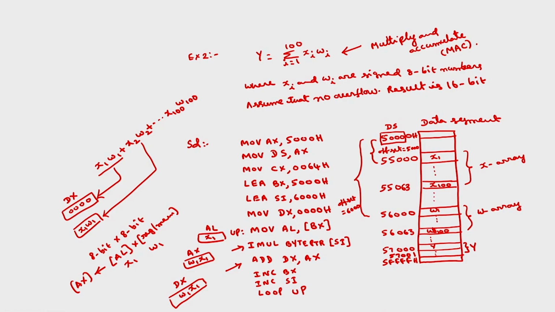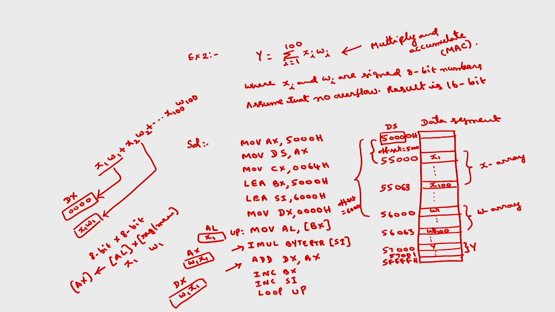Now what will be taken into AL in the second iteration? The contents of the location whose offset is present in BX. What is the offset in BX? BX was initially 5000, here I have incremented it by 1, so this will be 5001. The content at 5001 is x2, so x2 will be taken into AL in the second iteration.